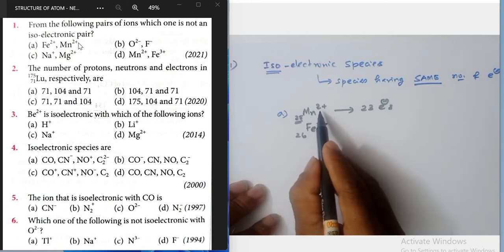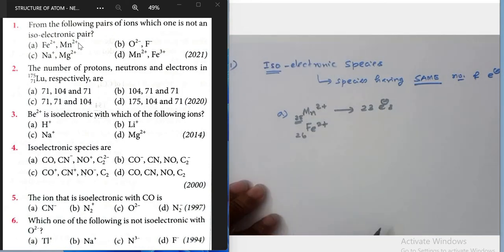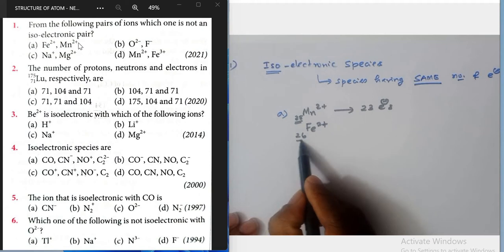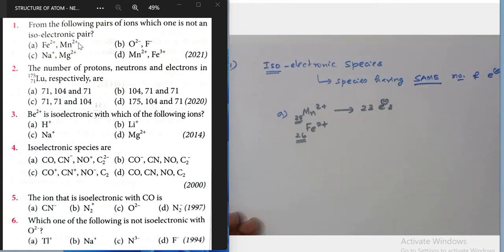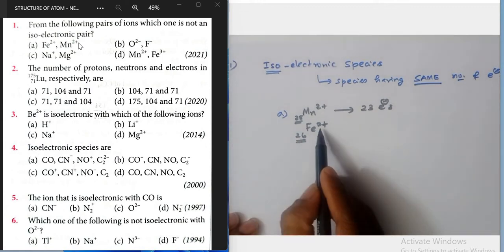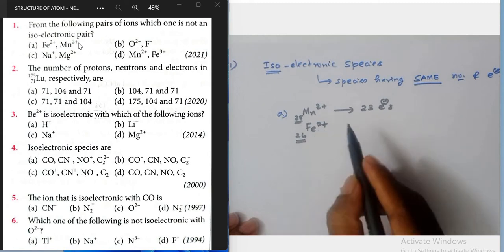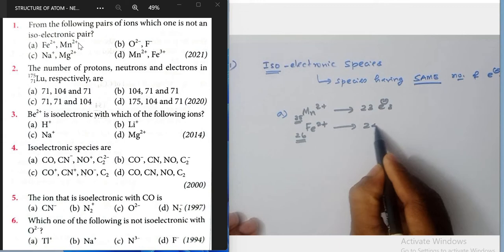So Mn2+ has 23 electrons. Similarly, the neutral iron atom has atomic number 26, so 26 electrons. But now iron is given in 2+ state, so remove 2 electrons, and we get only 24 electrons.